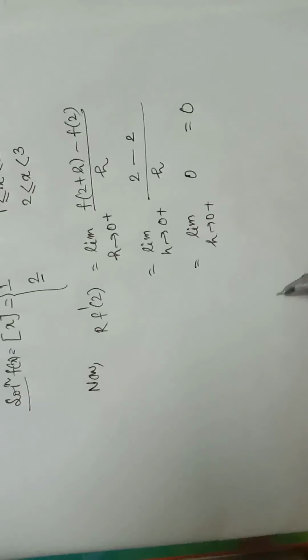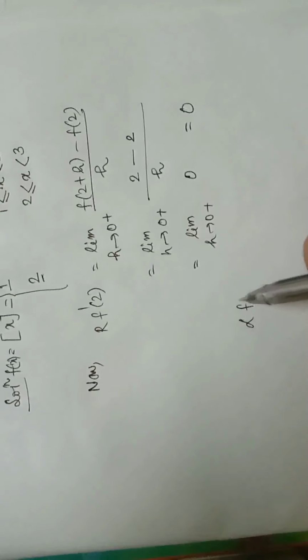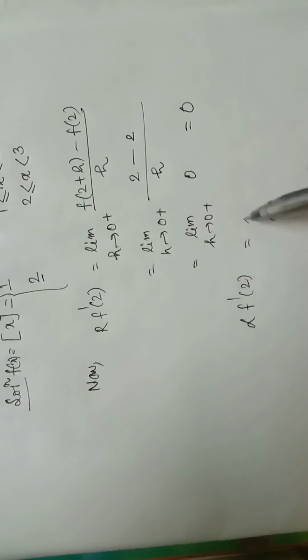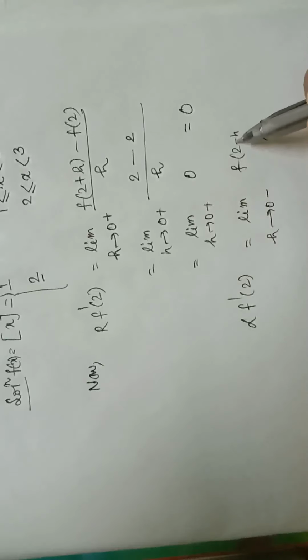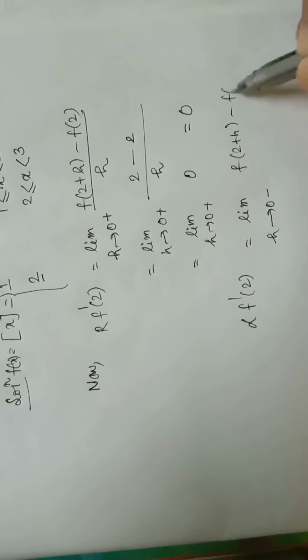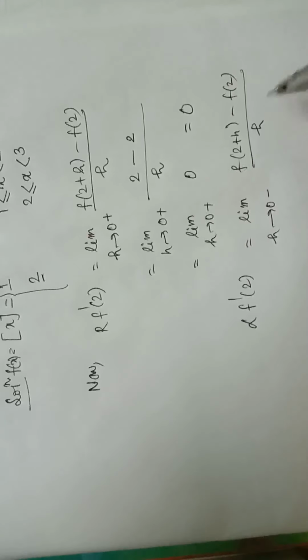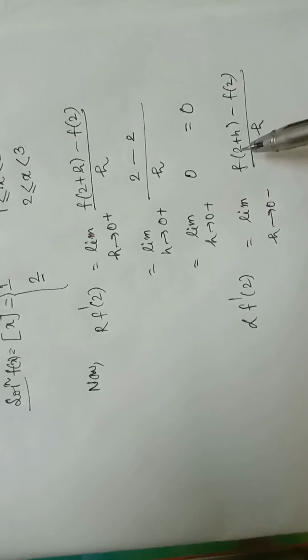Now the left hand derivative at x equal to 2, Lf dash 2, is equal to limit h tends to 0 minus, f of 2 plus h minus f of 2 by h. h tends to 0 minus means h is negative. 2 minus something will definitely be less than 2, so 2 plus h is less than 2.